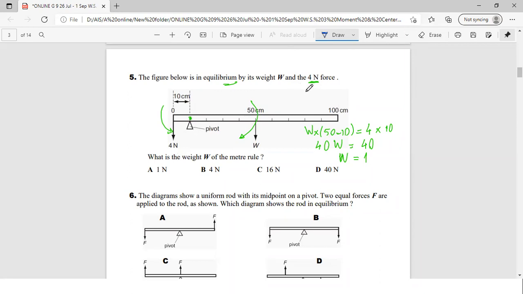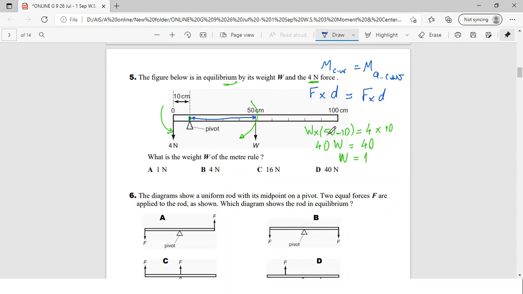So we said that the clockwise moment equals the anti-clockwise moment about what? About the pivot. This is the pivot. So the force multiplied by the distance to the pivot equals the force multiplied by the distance to the pivot. The force on the right side, which is the weight W, multiplied by how far it is from here to here. It's at the 50 centimeter mark, and the pivot is at the 10 centimeter mark.